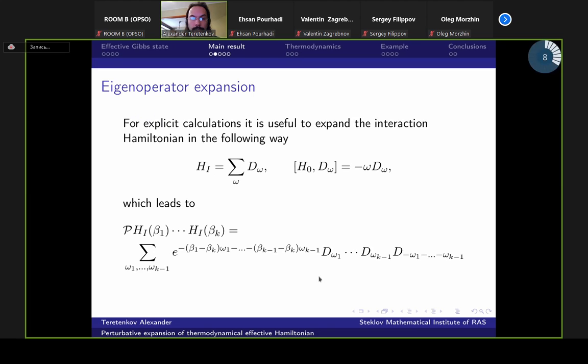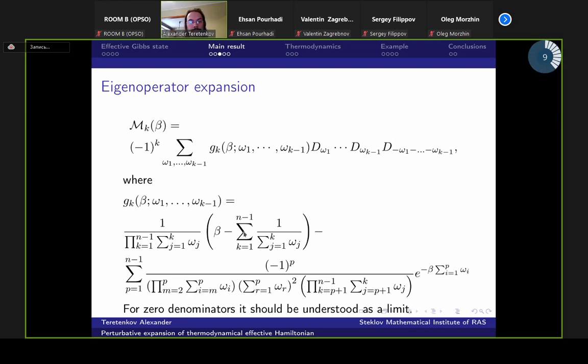So it is possible to use it, and then the explicit formula for mk of beta is the following one. Here we have the eigen operators, and here we have some coefficients. Here is an explicit formula for these coefficients.